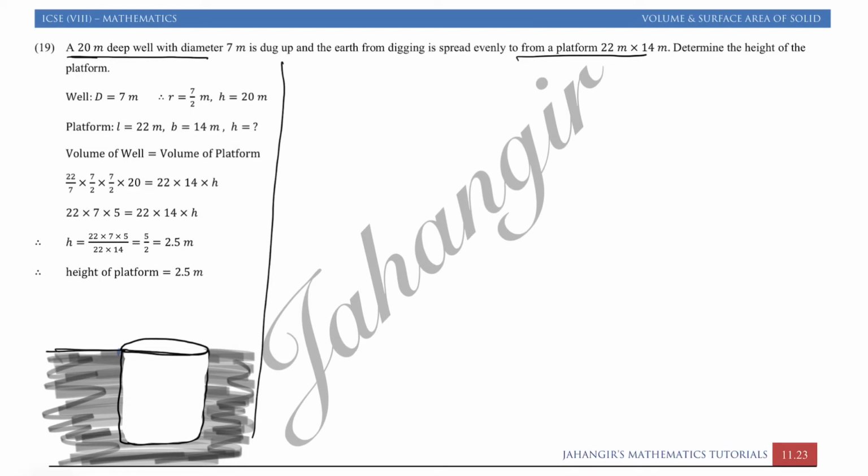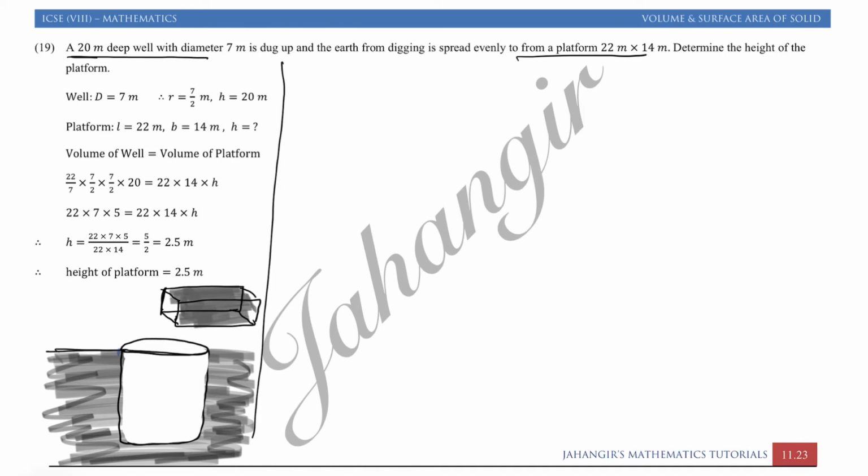Platform is rectangular platform. ऐसा होता है rectangular platform. Somewhere they make a rectangular platform. This is a rectangular platform. If you will see our rectangular platform, we had just put all that mud. This mud has been put into the rectangular platform.